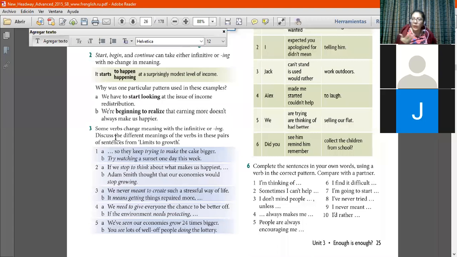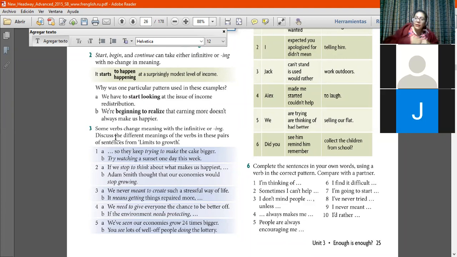Let's analyze. Let's practice all together. It says A. So they keep trying to make the cake bigger. B. Try watching a sunset one day this week. Okay. So some verbs change the meaning with the infinitive or the ing, and let's discuss the difference in meaning. Okay. From limits to growth.